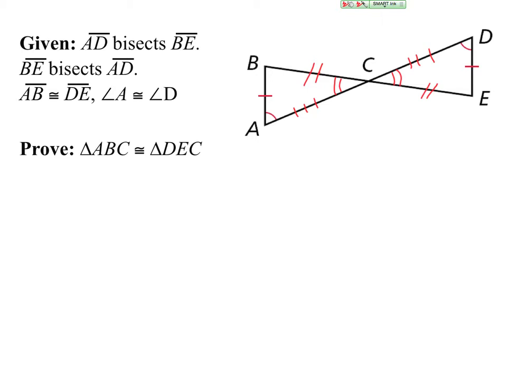Definition of congruent polygons. I will probably say definition of congruent triangles, but because the triangles are a special polygon. Okay, that's a proof based on what we're doing.